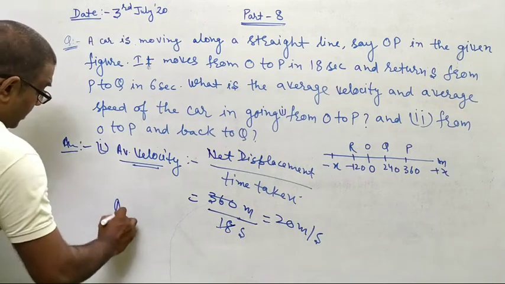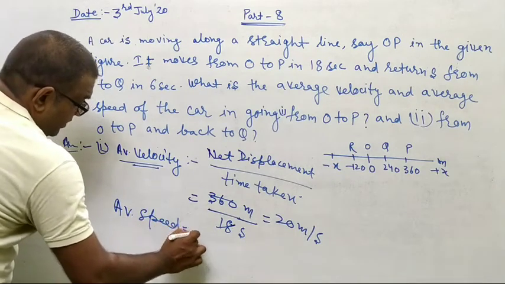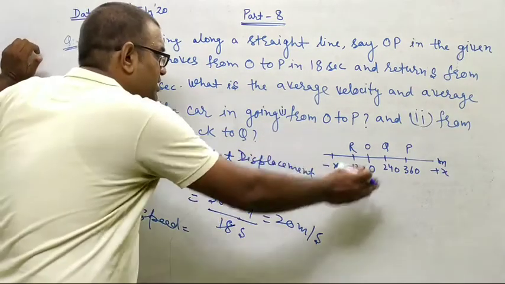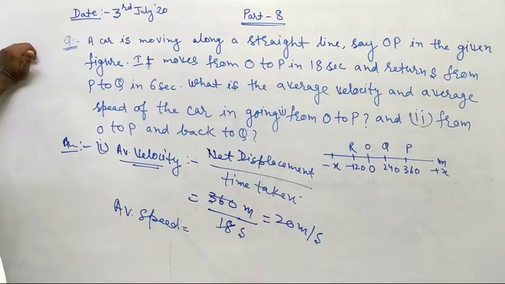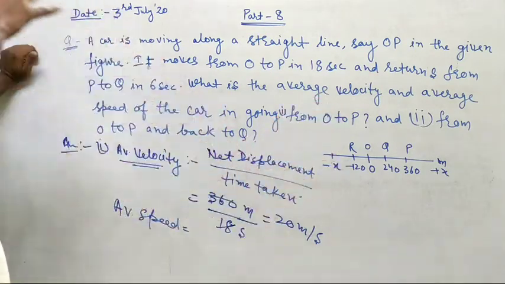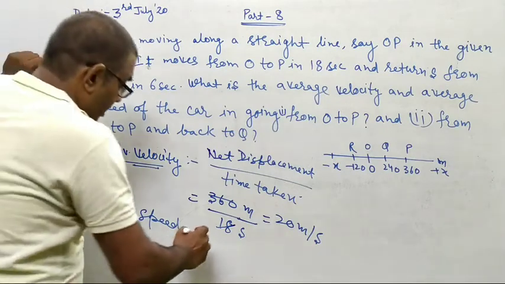Now average speed we have to find out. Since it is moving in a straight line, whatever the displacement is, the same will be the distance traveled for a body moving in a straight line.